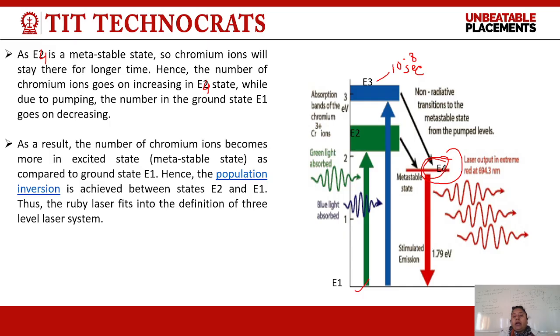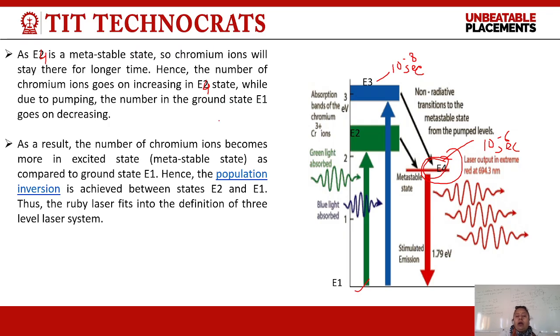Because the metastable state has a time period of 10 to the power minus 6 to minus 3 second. So the ions stay for a very long time, the ground state is nearly empty, and the metastable state E4 is populated.